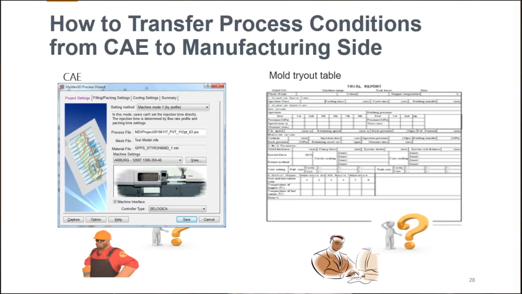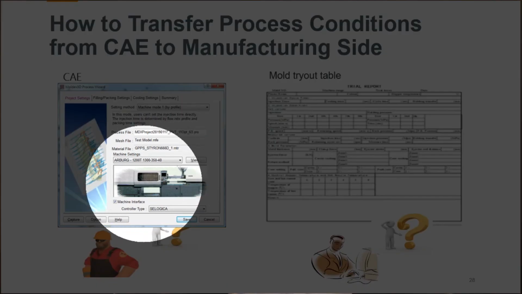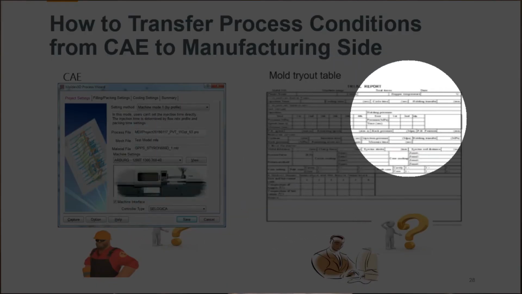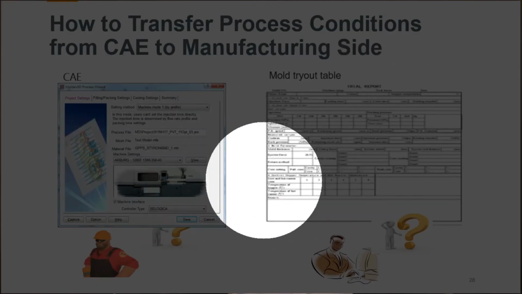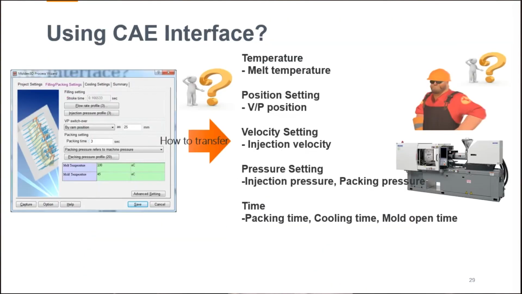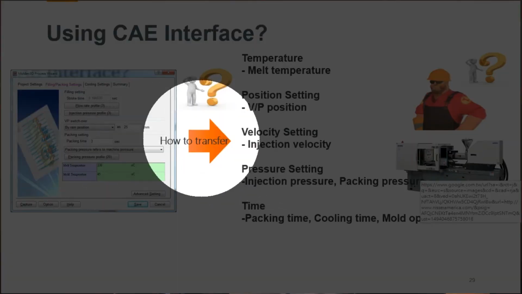But for process engineers at the manufacturing site, they use a mold tryout table. So they look completely different. So the question right here is, how can I transfer the temperature, the VP position, the velocity setting, and the pressure setting from CAE software to my machine?